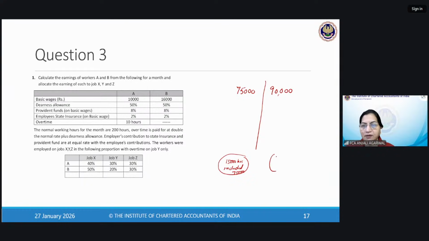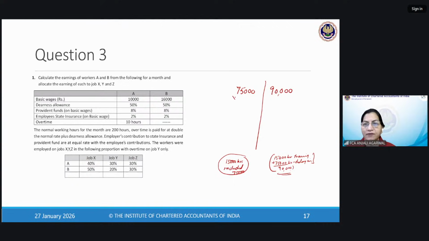Here you have to say 15,000 training hours are lost plus 75,000 hours lost due to delay in filling in vacancies. But both are the cause of labor turnover.